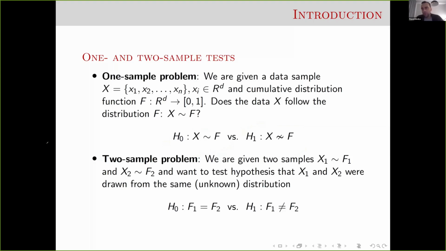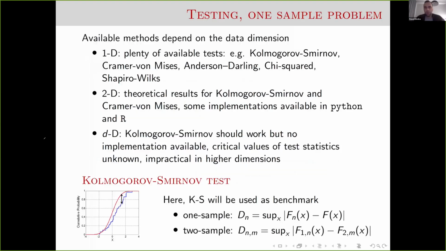And if you want to solve this problem, a lot depends on the dimension d. If d is equal to 1, then you have a lot of tools coming from standard statistics. I will only mention the Kolmogorov-Smirnov test, which is the most standard one, because it serves as inspiration for us.